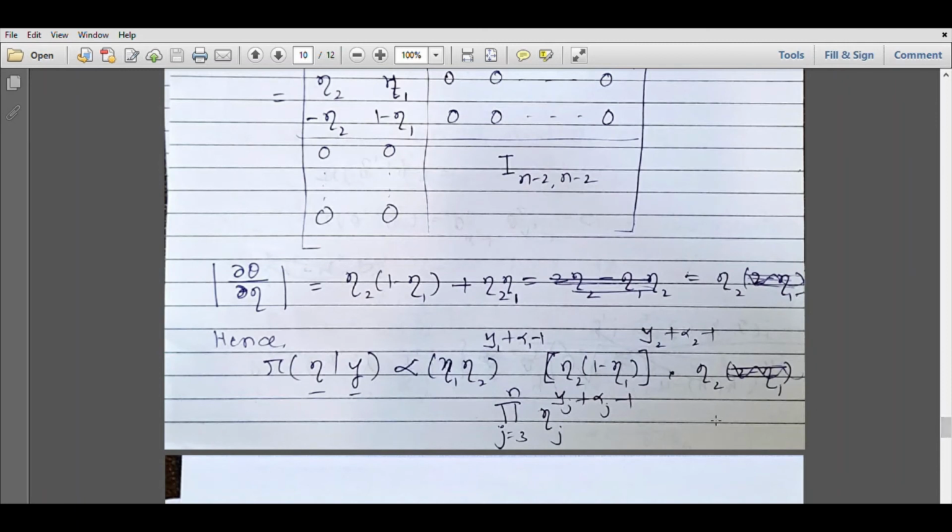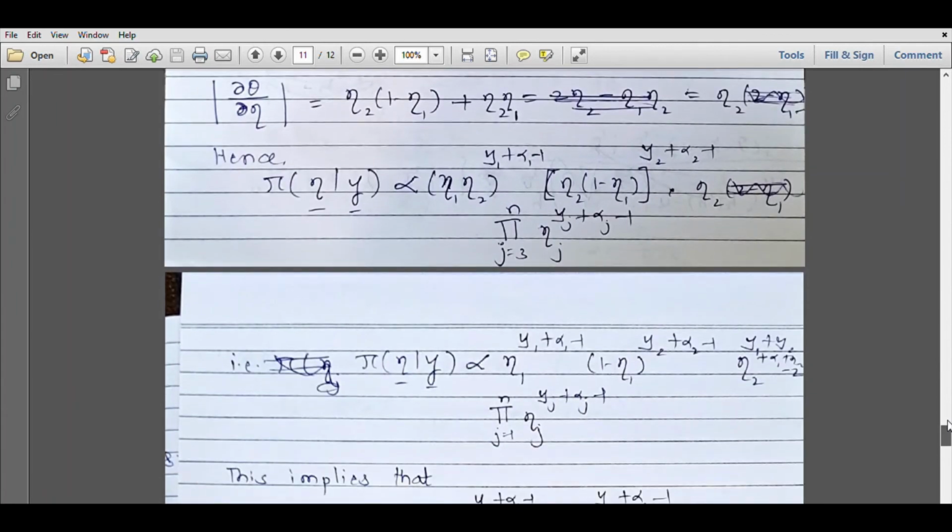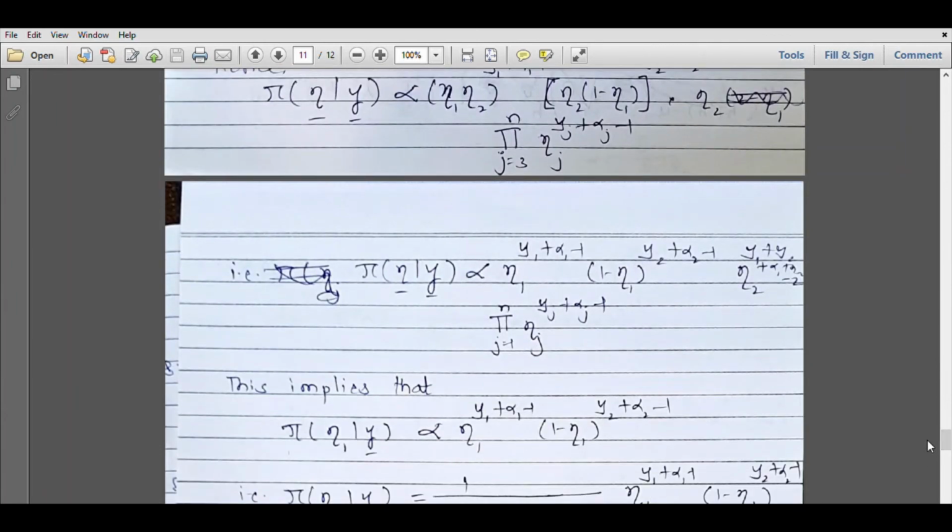So finally we get the posterior distribution proportional to all these terms: eta 1 into eta 2 raised to y1 plus alpha 1 minus 1, then eta 2 into 1 minus eta 1 raised to y2 plus alpha 2 minus 1, then into eta 2, and finally this product term. This eta 2 is coming from the Jacobian. So we get the posterior distribution finally like this.